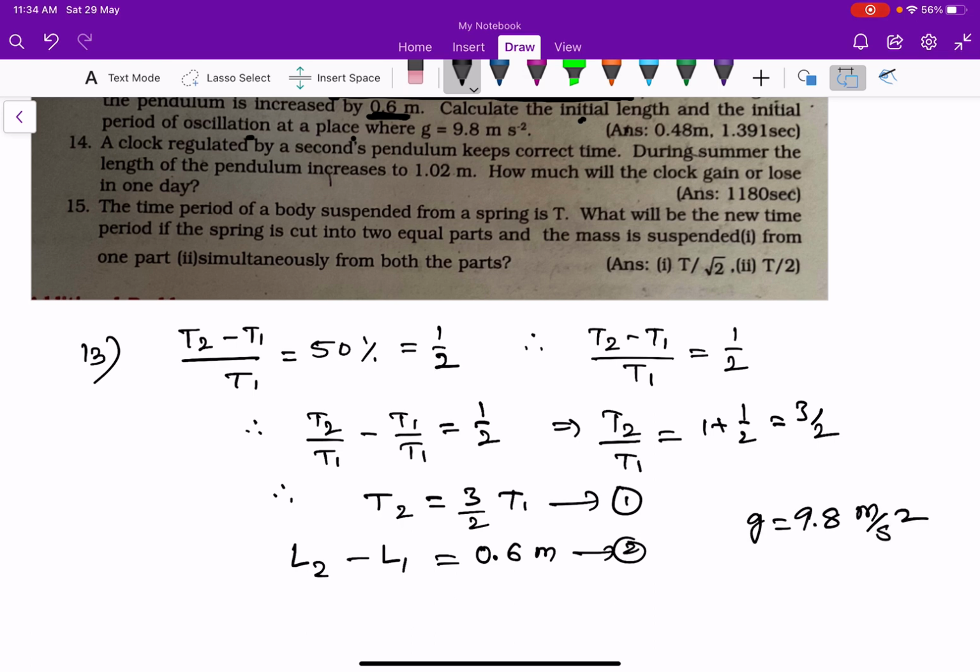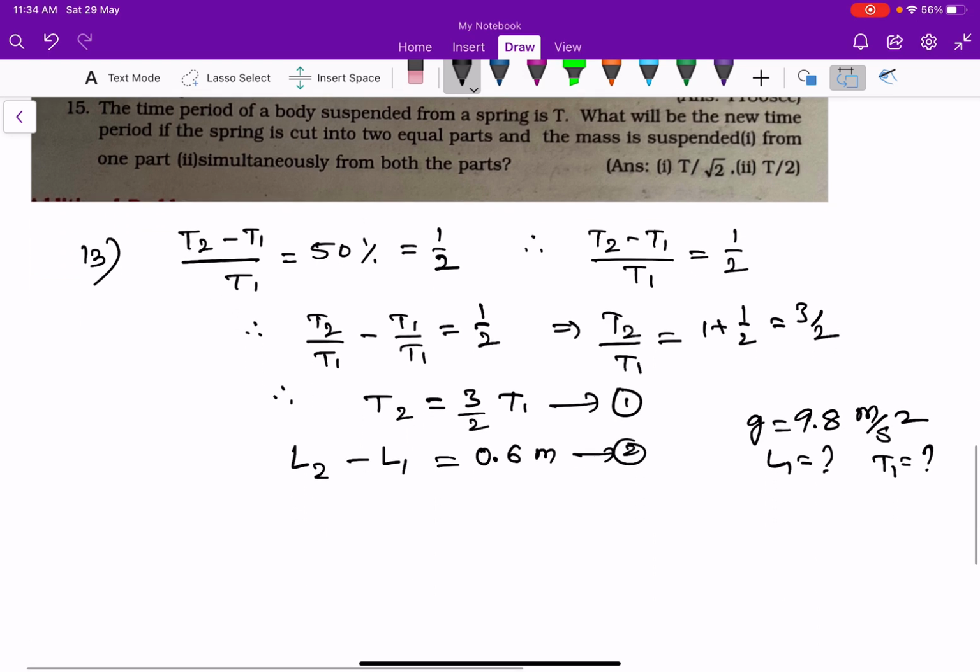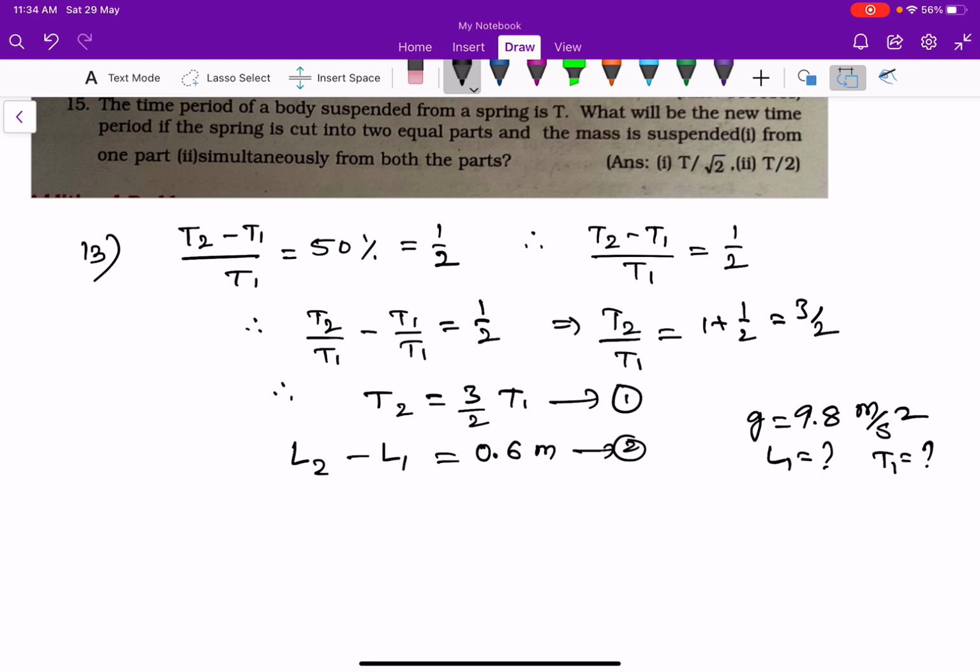What is the initial length L1 and what is the initial time period T1? Okay, so here T2 by T1 is equal to 3 by 2, or T2 is equal to 2 pi root L2 by g, and T1 equal to 2 pi root L1 by g.